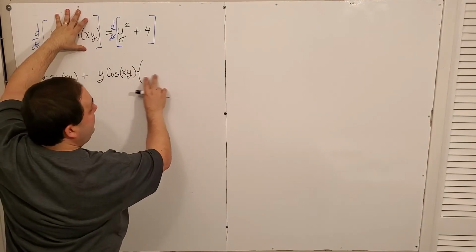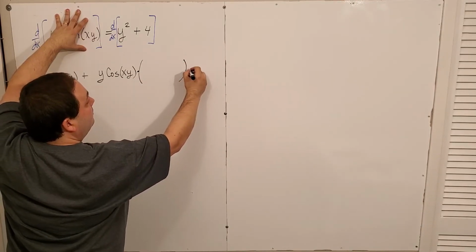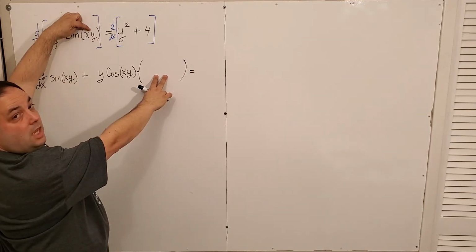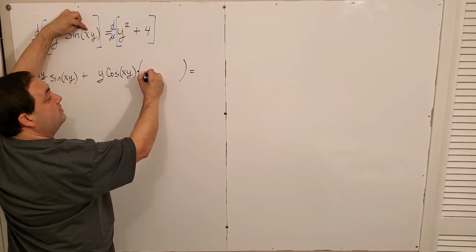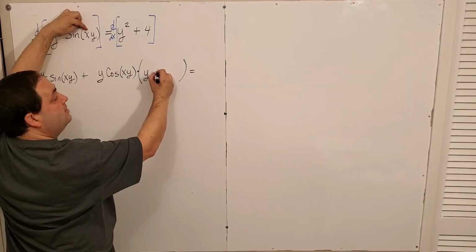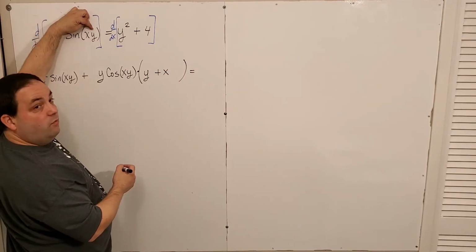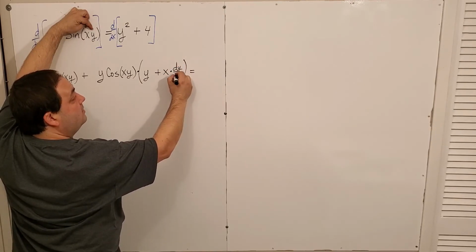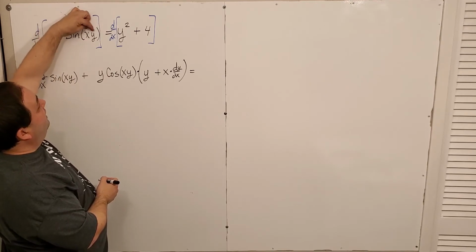So inside of these parentheses I'm going to have a product rule again, the derivative of x times y. The derivative of x is 1, so leave the y alone, plus leave the x alone, the derivative of y is dy/dx. So there's a product rule of x times y.